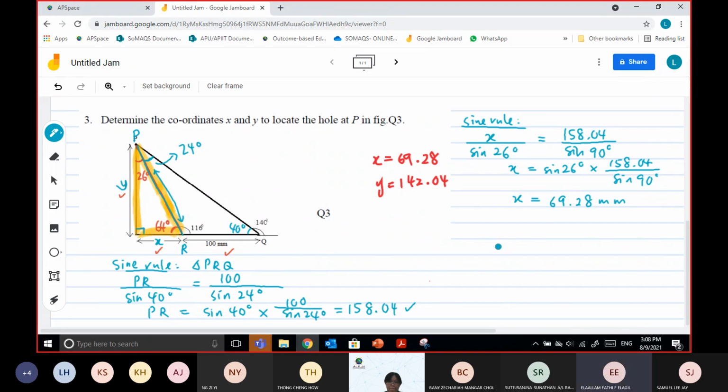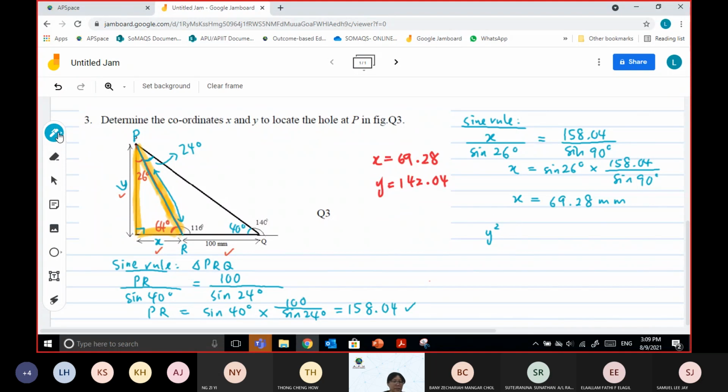By Pythagoras theorem. Yes, the theorem of Pythagoras, you can use it, since you already know the value of x and also the value of the hypotenuse. That means we should have y squared.